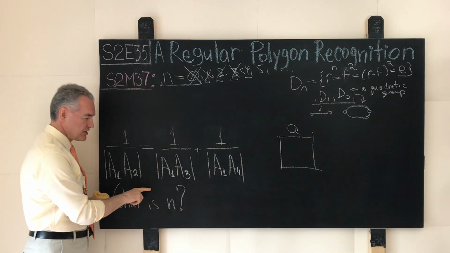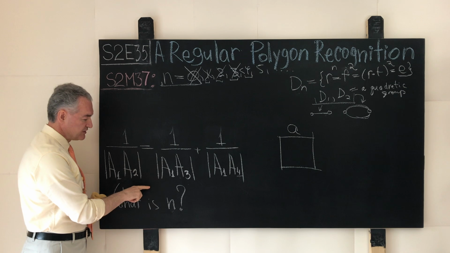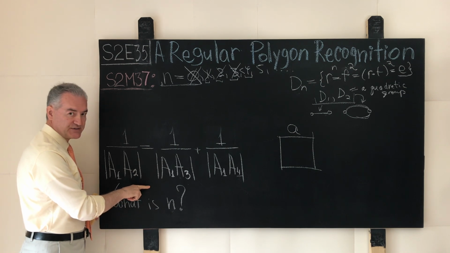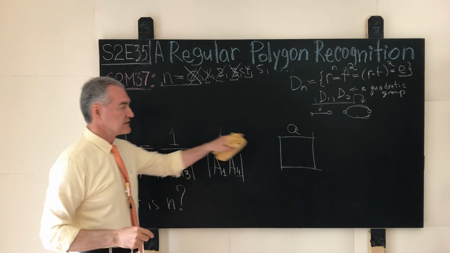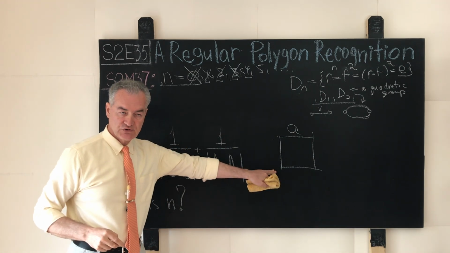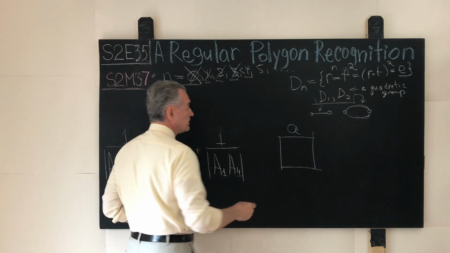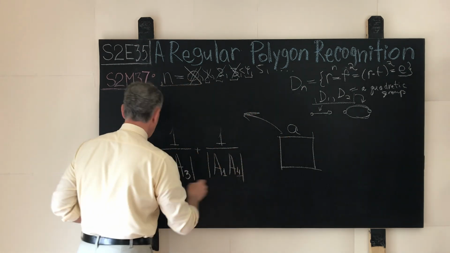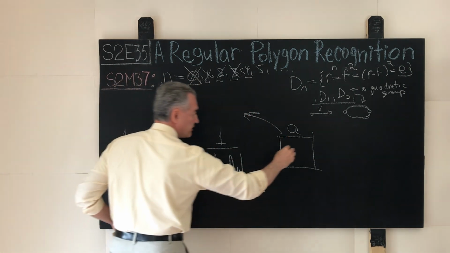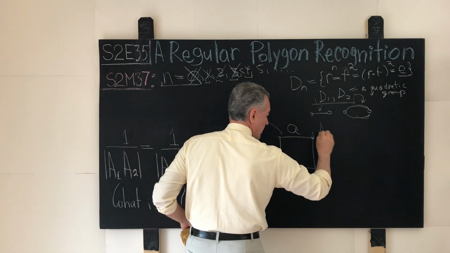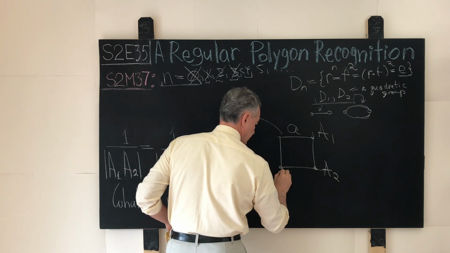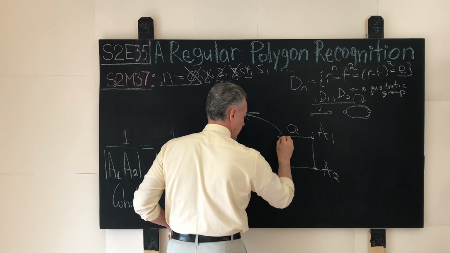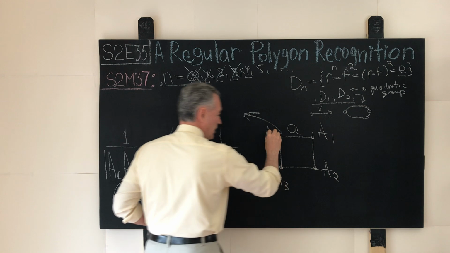And what does this relation across the distances between the vertices of the underlying mystery regular polygon translate into in the world of squares? Well, that is quite evident. Let's say we'll do it over here. Let's say this vertex is A1, this vertex is A2, this vertex is A3, and this vertex is A4.